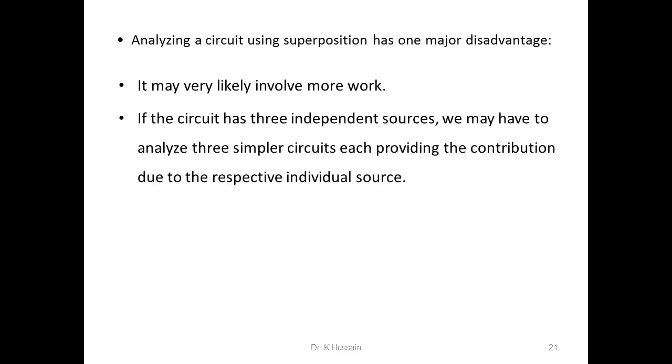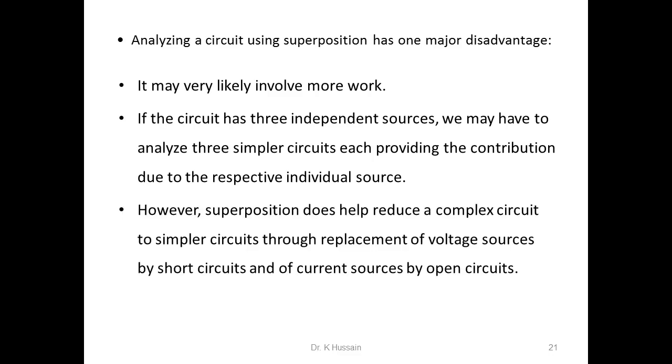If the circuit has three independent sources, that is, if the sources are increasing, you may have three simpler circuits, each providing the contribution due to the respective individual source. So if you have 3 or 4 sources, or the network is complex, here also it is time consuming.